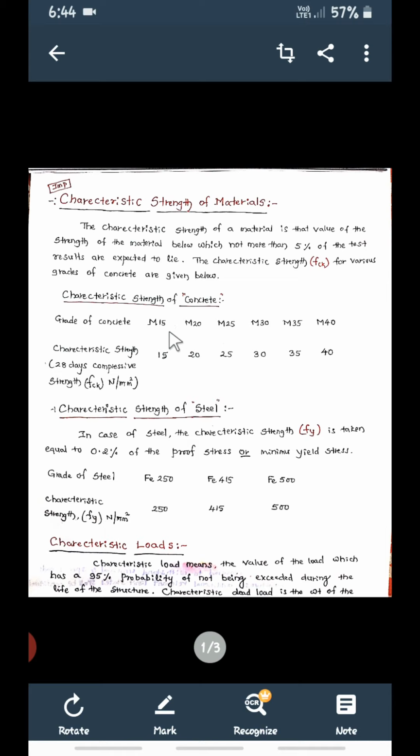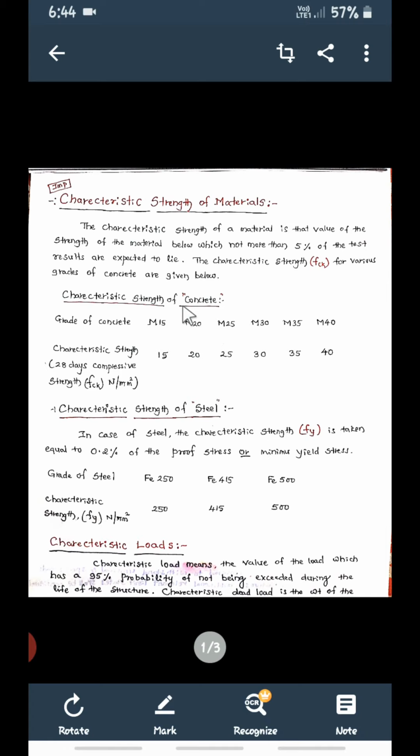When you want to design RCC elements, if you want to place the reinforcement, then for RCC the minimum grade is M20. From this onwards we can use concrete grades for RCC, but below this, we cannot use M15 for RCC elements.